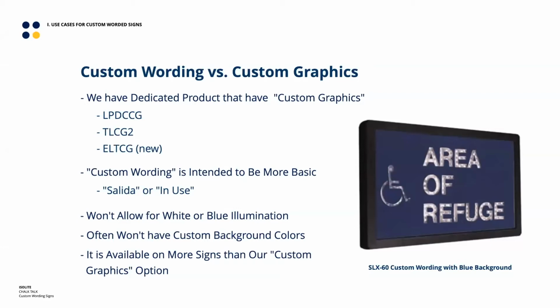Or what you see over on the right side, all of our self-luminous signs allow for this custom wording. That one has a blue background, but the illumination is still going to be that pale phosphor green. So there's a little bit less flexibility associated with custom wording than custom graphics. Custom graphics, there's a lot more opportunity for you guys to do some customization.